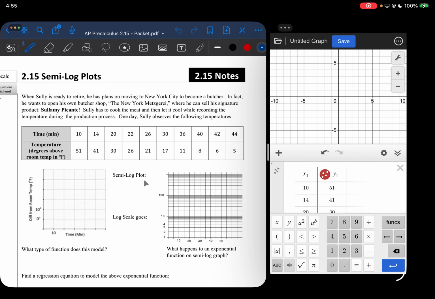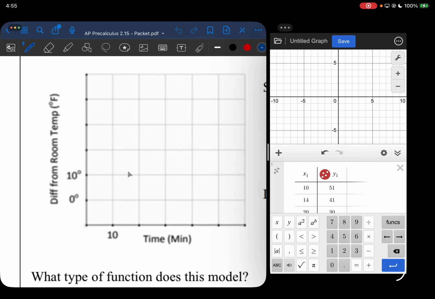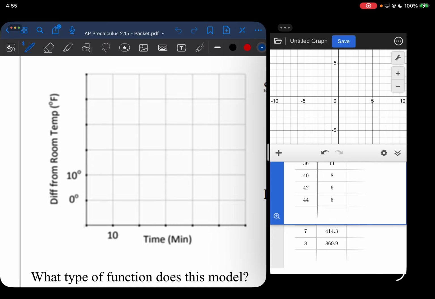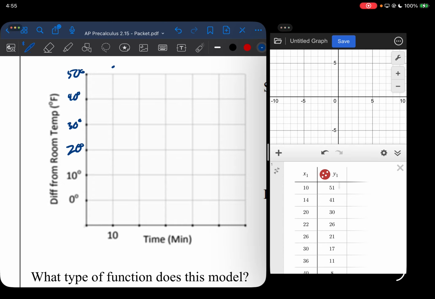So if I want to graph this, we have 0 degrees, 10, 20, 30, 40, and 50 degrees. That's our measurements for temperature. At 10 minutes, it's at 51 degrees.